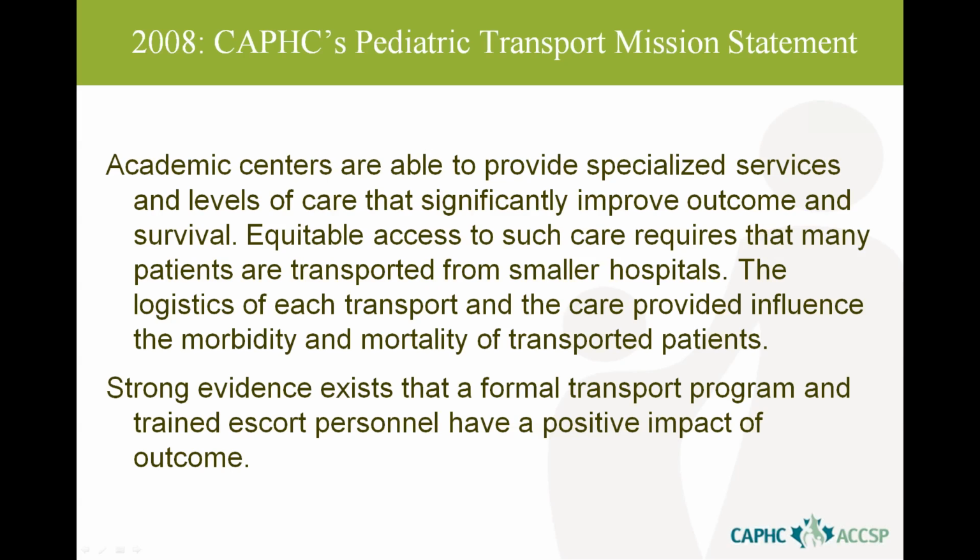Academic centers that are able to provide specialized services significantly improve the outcome and survival of patient populations, but equitable access to such care requires that many patients come from smaller communities and smaller hospitals, and the logistics of each of those transports and the care that's provided really influence how well those patients do in terms of morbidity and mortality.